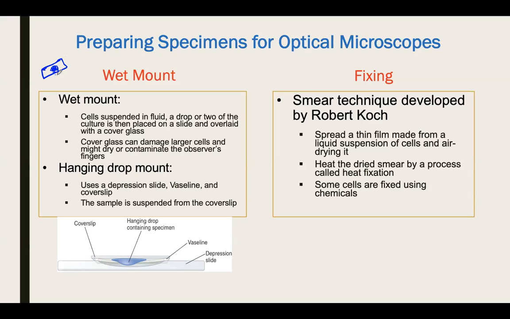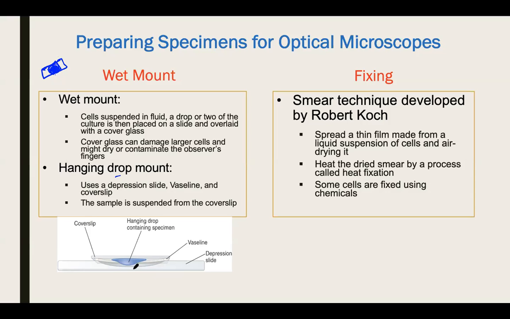So for moving and large specimens, basically for living and large specimens, we have a special type of slide. It is called the hanging drop mount. Over here, it's a slide, but the center part is depressed, so this part looks like a bowl.